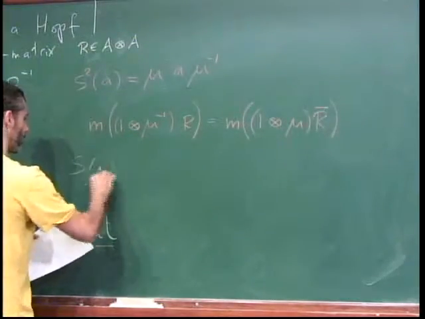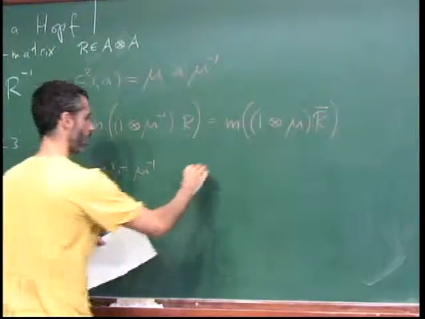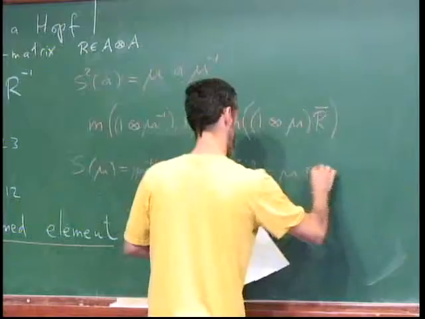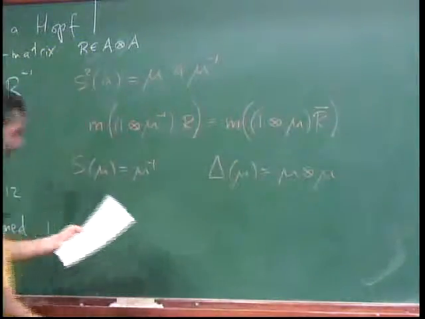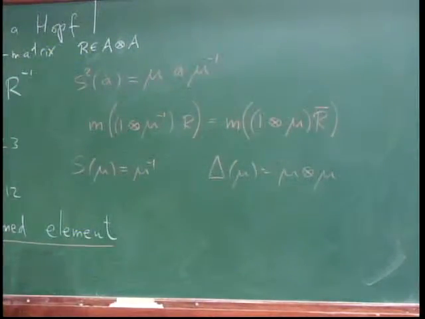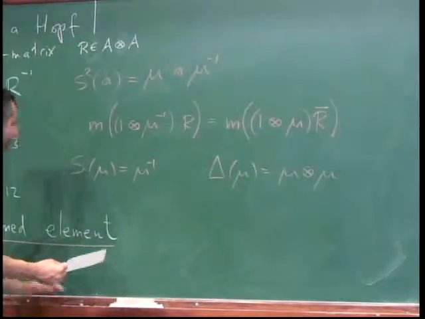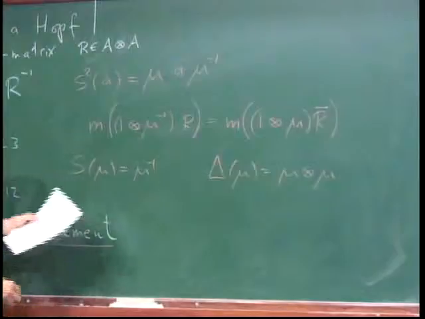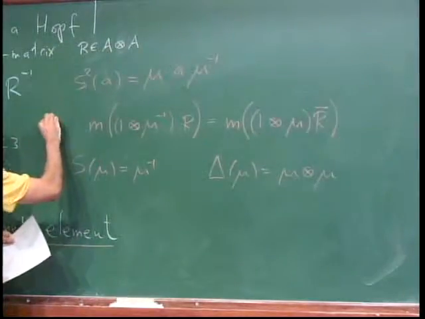S of mu equals mu inverse, and delta of mu equals mu tensor mu. And I can already say that this particular element is going to be important, so let me call it nu.